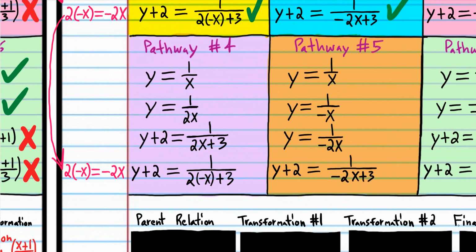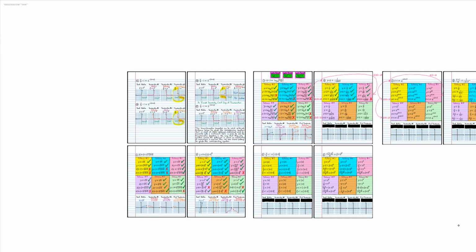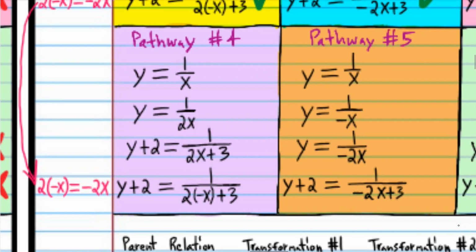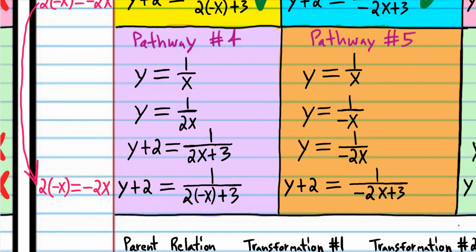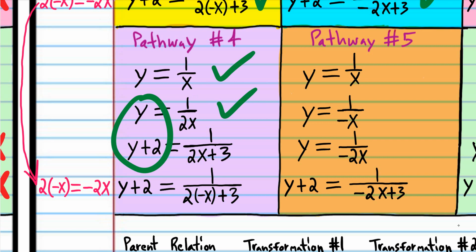Okay, pathway number 4. We have the parent equation. We're going to replace x with 2x. That tells us to divide all the x values in the graph of the previous equation by 2. So that's fine. Then we're going to replace y with y plus 2. That tells us to move the graph down 2 units. But here's the problem.